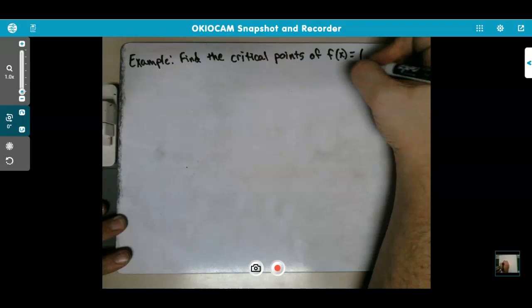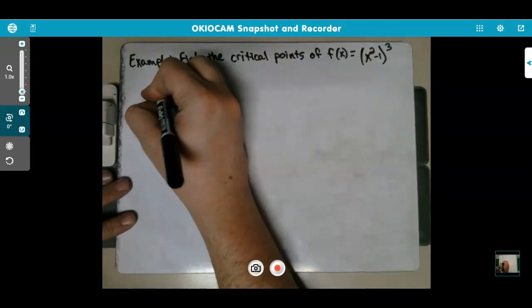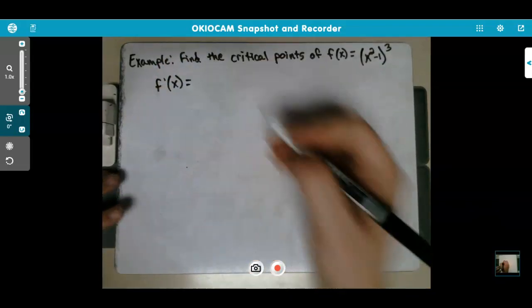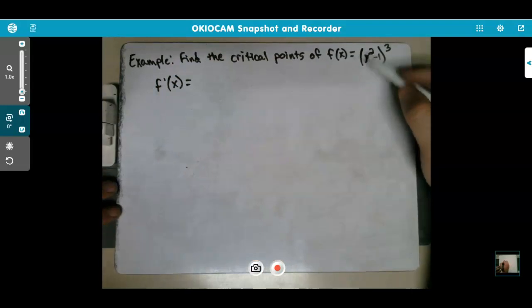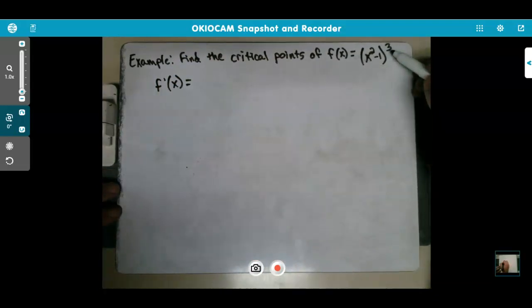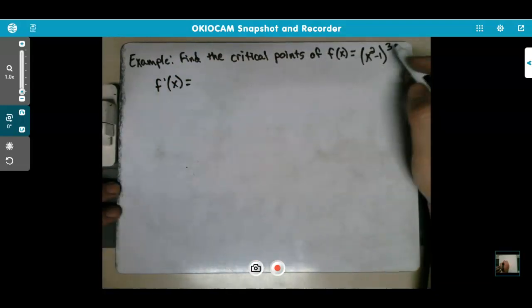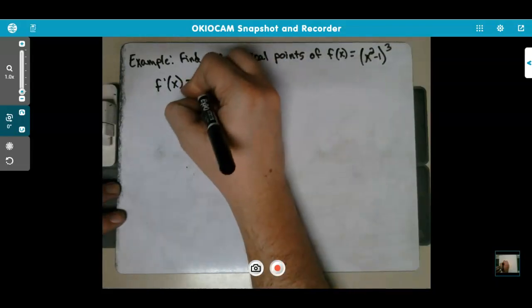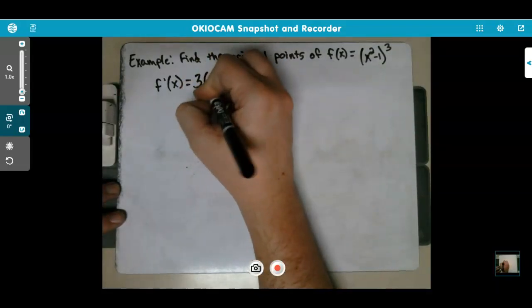So just like I said, first things first, I have to find the derivative of that. I can use the chain rule here because I have some stuff raised to the third. So I can use the power rule, bring the 3 out front. That makes it 3, leave this stuff, and my power is now to the power of 2.